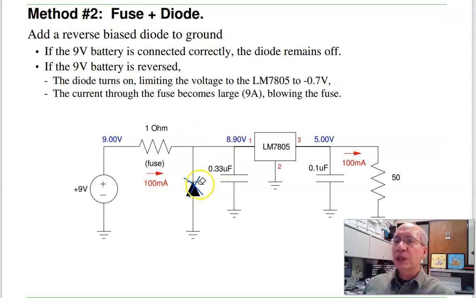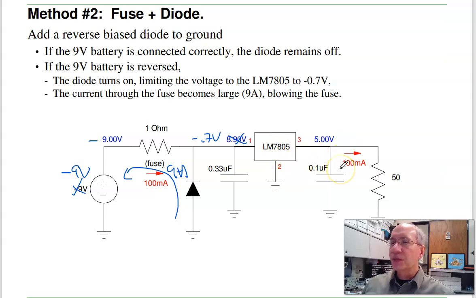If I were to connect the power supply backwards and make this minus 9 volts, what happens is now the diode turns on and I have 9 amps flowing through the diode. Instead of being minus 9 volts, this is now minus 0.7 volts. Keeps it small enough I don't fry the rest of the circuit.